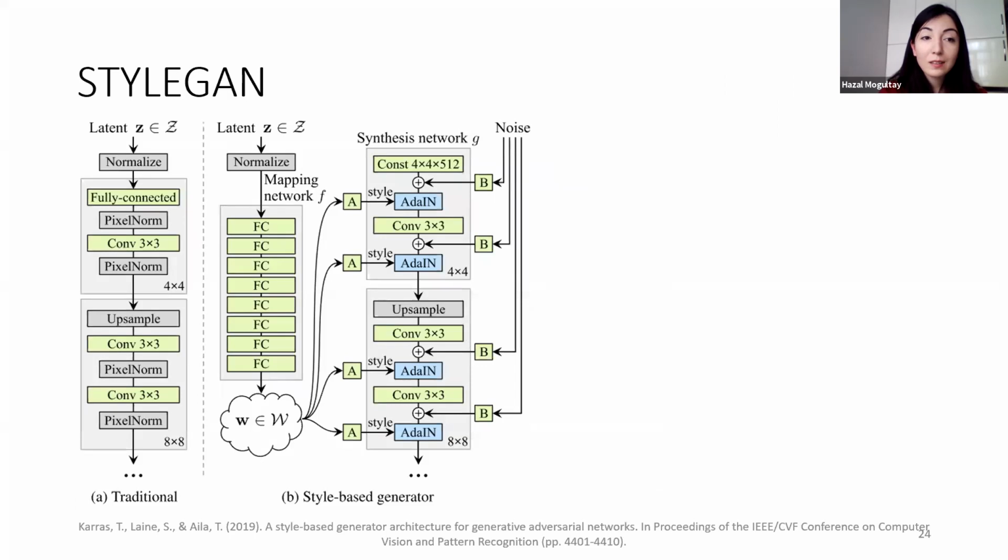So I would like to start with StyleGAN. This is from 2019. If you haven't read it, I would really recommend you to read it because their results are really good. In the traditional GAN architecture, they are taking a latent representation, the noise representation, and while upsampling it, they generate an image.